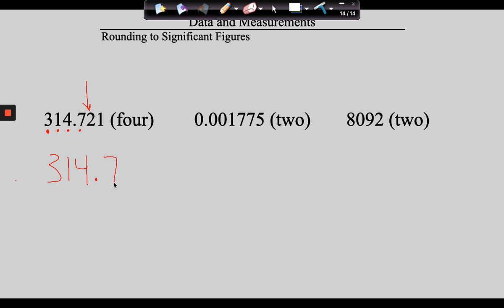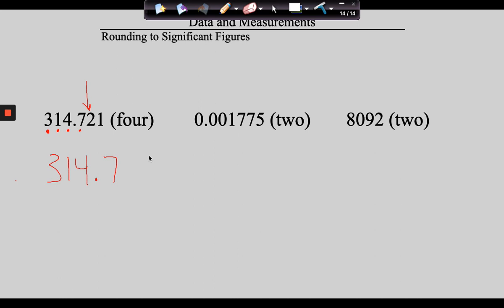Because guys, what if we did it wrong, and what if we replaced the 2 and the 1 with zeros? They're now significant zeros because they're final zeros after the decimal, and we're back to 6. So guys, the idea here is that instead of replacing the 2 and the 1, we remove the 2 and the 1, and now we're 4 digits.